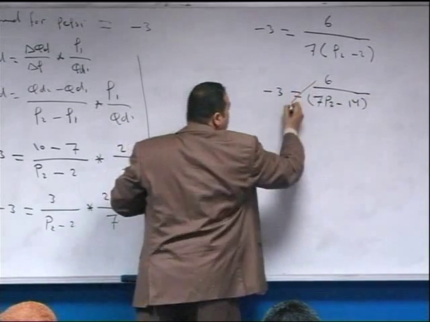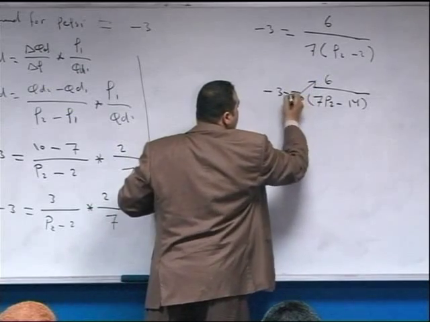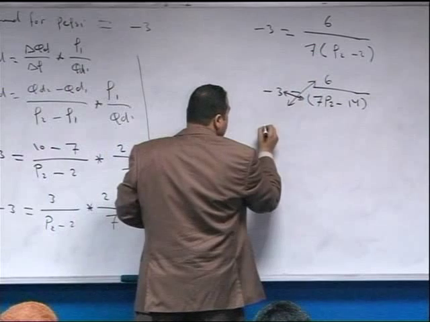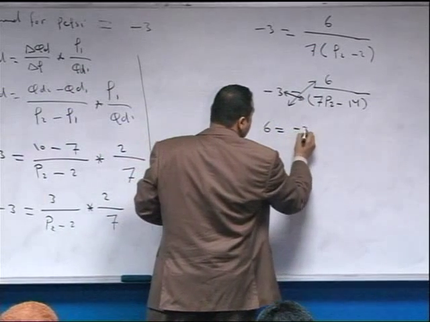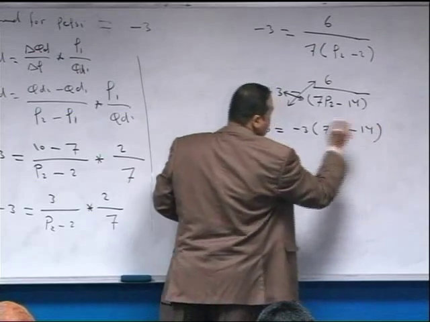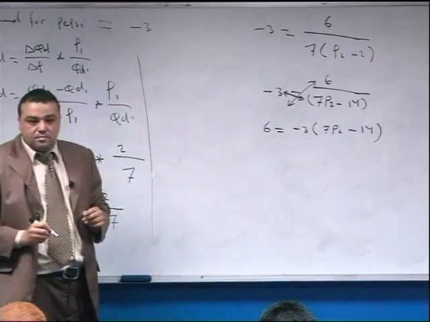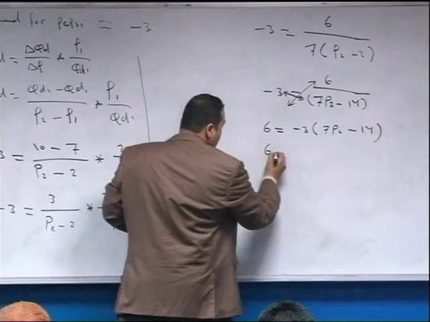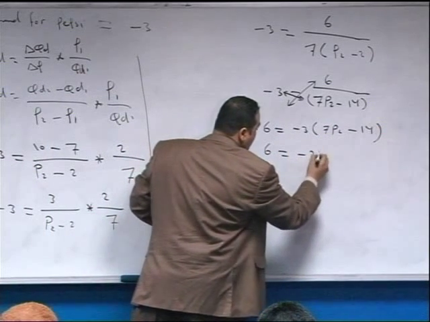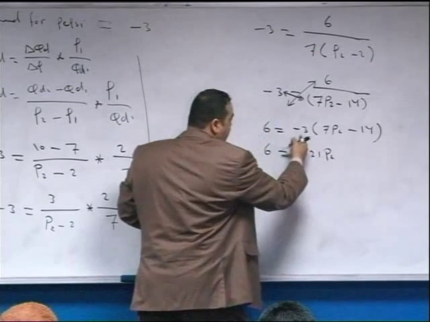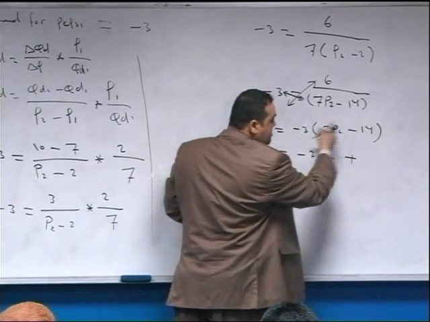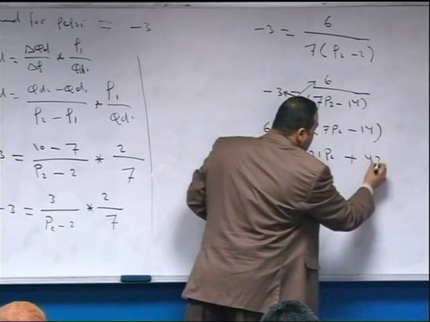So in this case, 6 equals -3 times (7P2 minus 14). So 6 equals -21P2 plus 42.